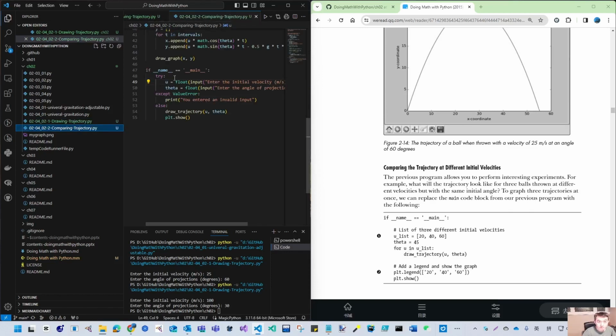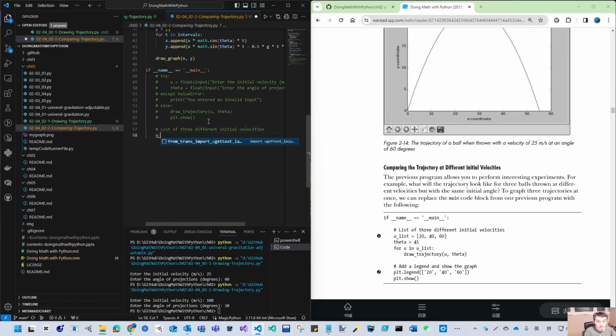So let's rename this. We don't need this try, so let's comment that. And what we will give is, let's see, a list of 3 different initial velocities.